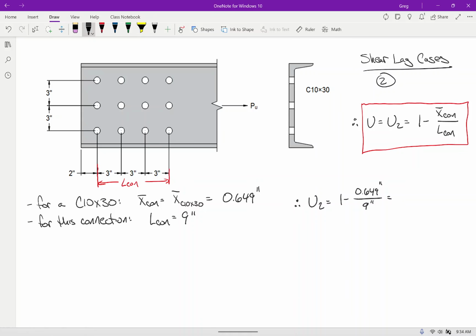What do we get? And we'll say 3 decimal places for this. Making sure everybody's awake on this wonderful Monday morning. 0.928.